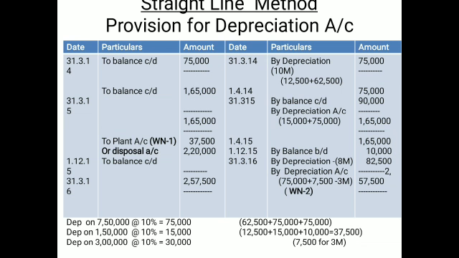So this 37,500 will be shifted to the plant account if a disposal account is not there. If the disposal account is there, then this value will be shifted to the disposal account. At this time, you may see I have written both words, plant or disposal. If you are not preparing disposal, then this value is to be shifted to the plant account.